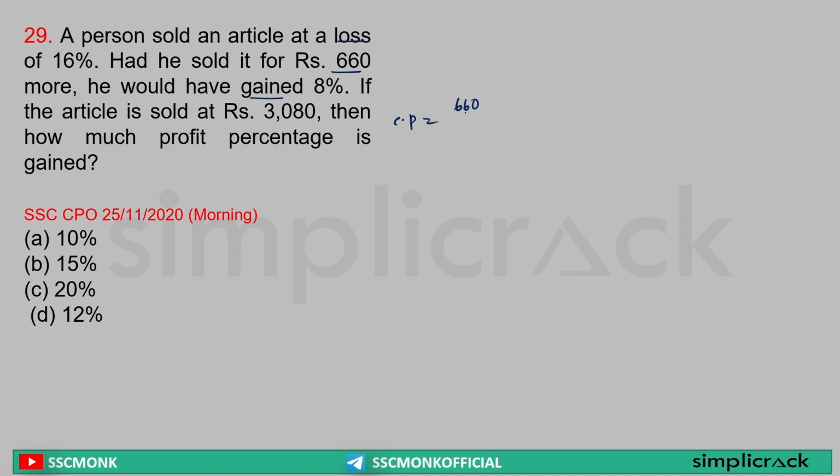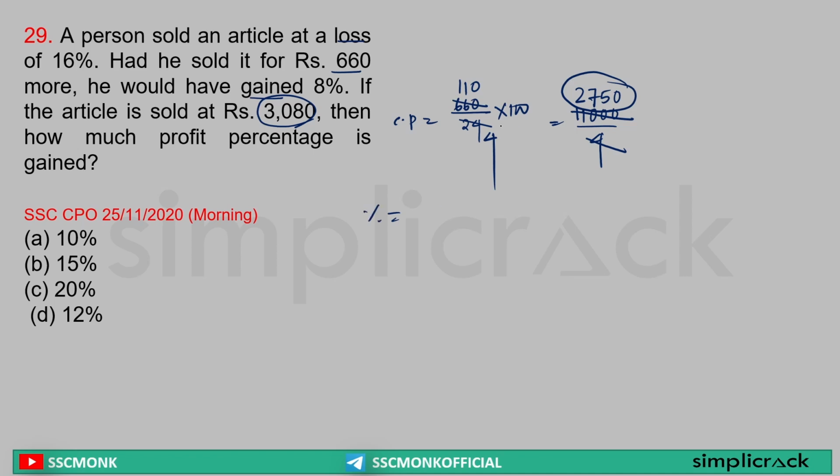So R divided by X plus Y, that is 24, into 100%. 6 4s are 24, so 110. This can be written as 11000 by 4. 4 2s are 8, 30, 4 7s are 28, 20, 4 5s are 20. So the cost price is what? 2750.